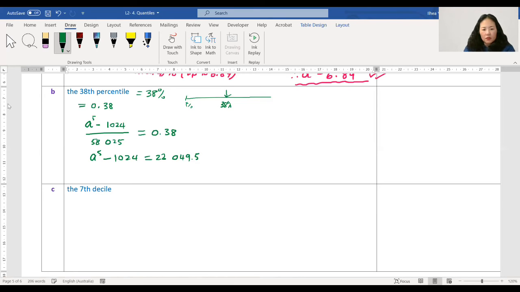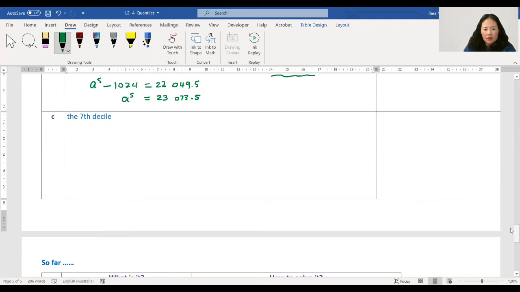Okay, and then we plus 1,024, it'll give us 23,073.5, and therefore A equals roughly 7.46, because we wanted 2 decimal places. Again, from 4 up to 7.46 will give us 38% of the total area.